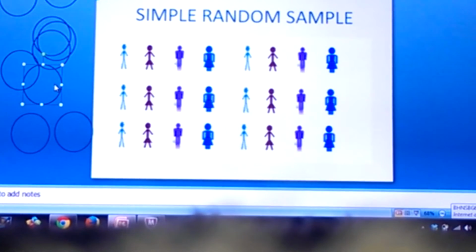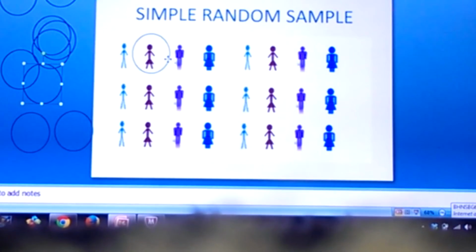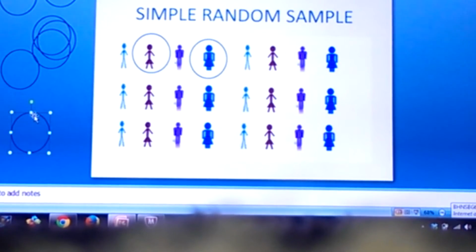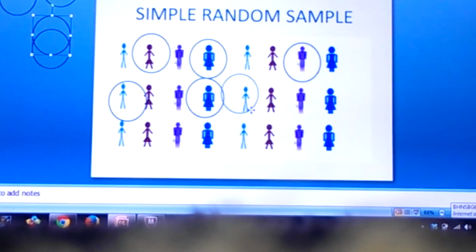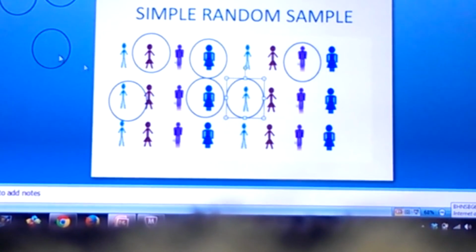person number 2, 4, 7, 9, 12, and 13, one more, and 15.